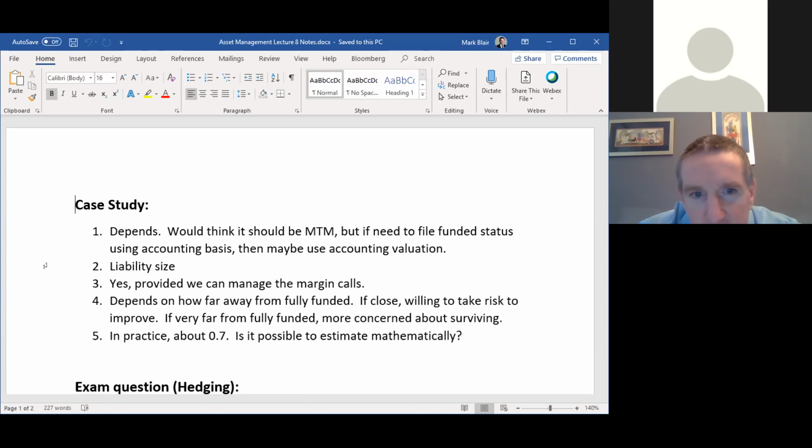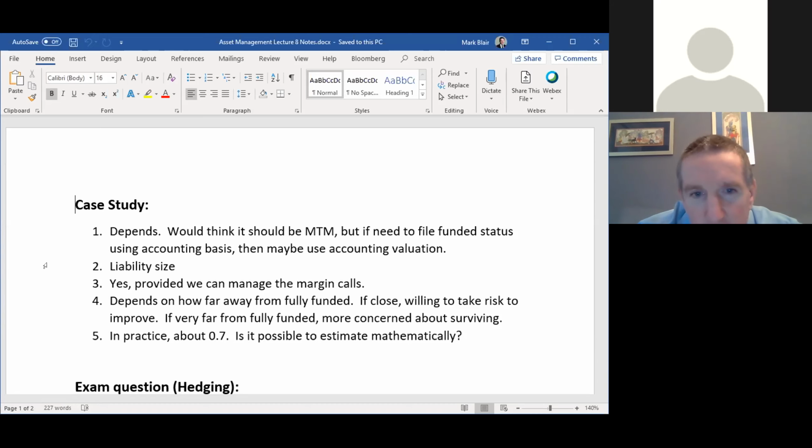That question is conditional, and it depends on how far away you are from fully funded. If you're underfunded but still not that far away, say anything above 70% funded, you probably want to be taking risk to try to catch up.